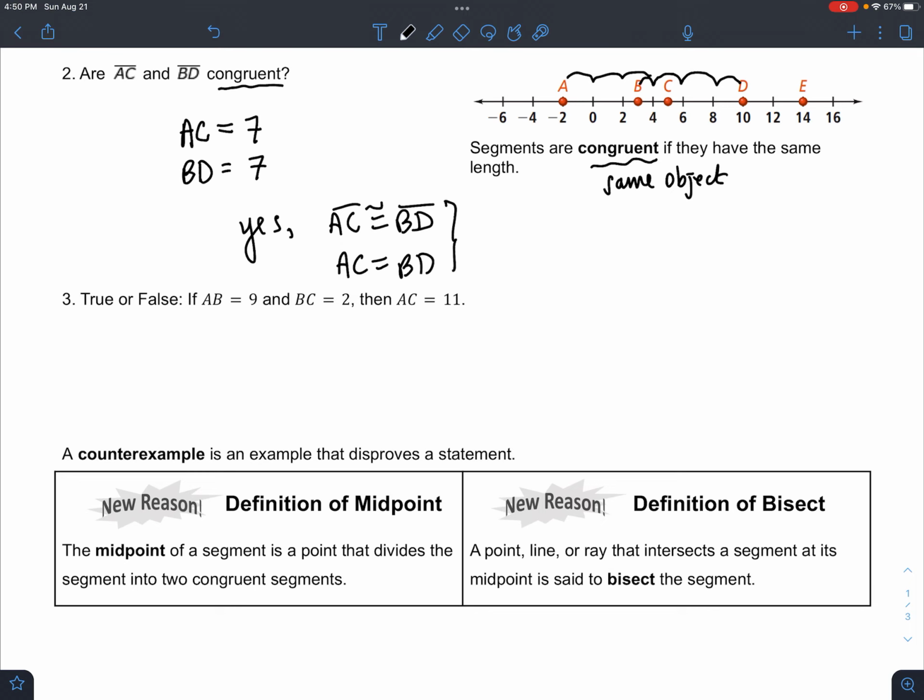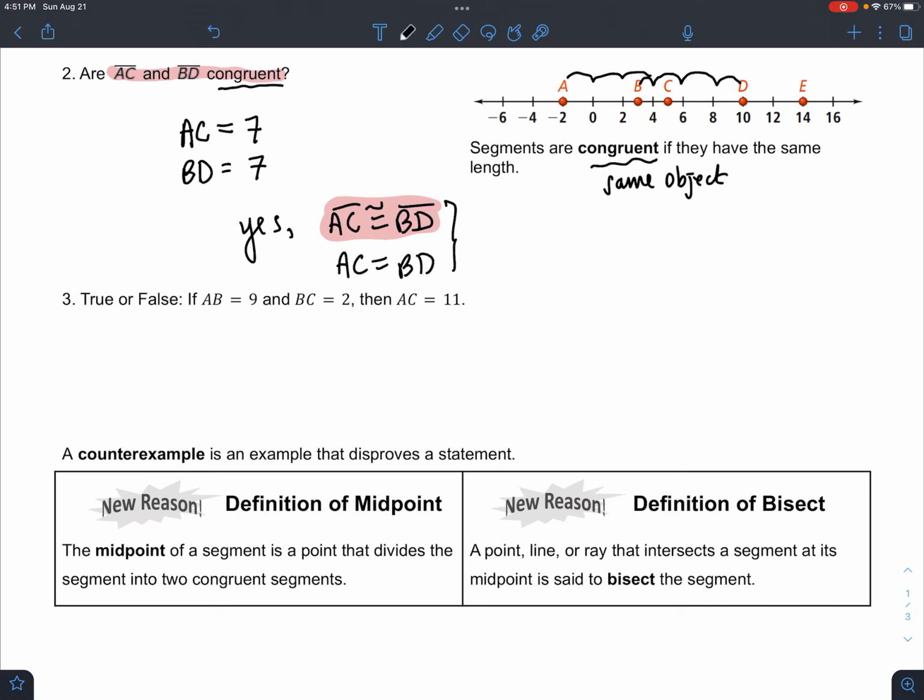So these statements, I mean, either one you want to say is fine. However, the question was asking about if the objects are the same. So you want to conclude with saying, yes, the objects are the same. But we said that that's because the lengths are the same. So it kind of all goes in a circle. But they do mean different things. AC versus line segment AC. Okay.